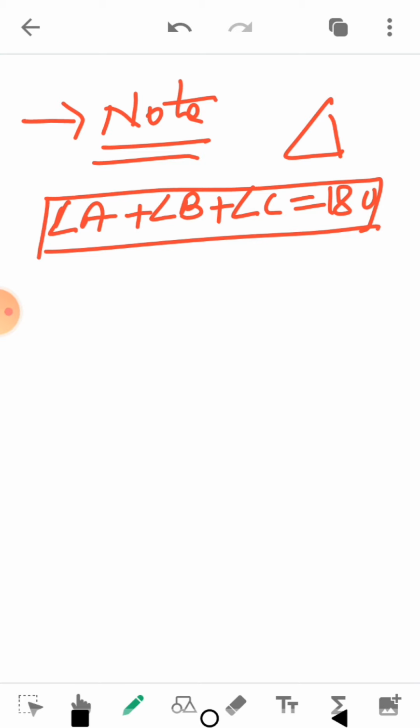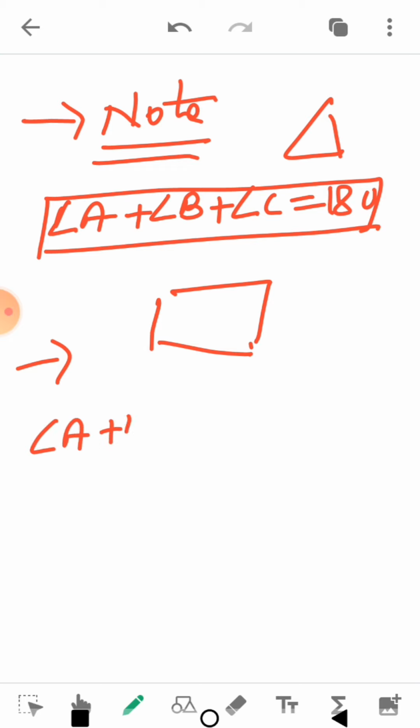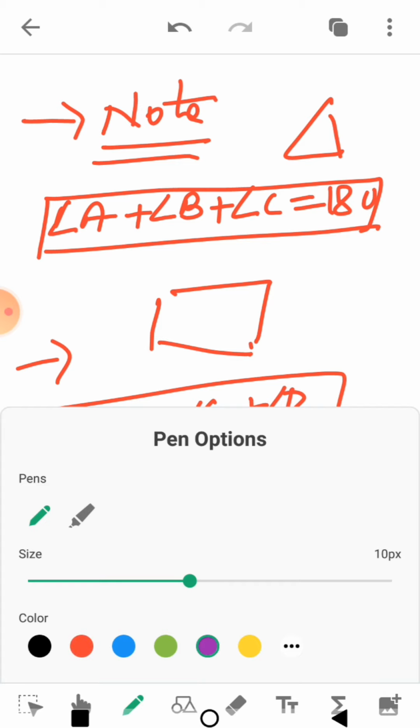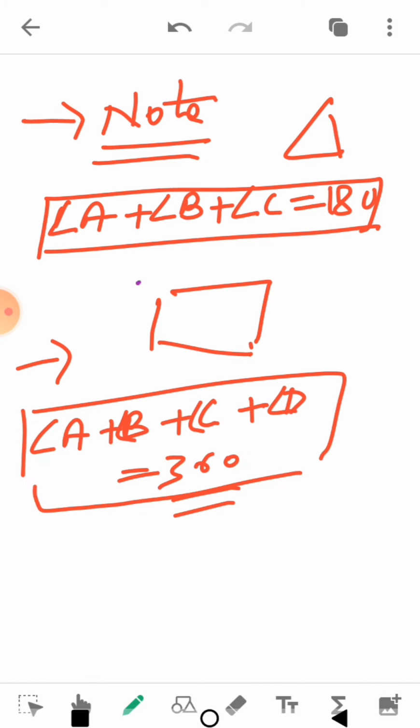And the second note is, in a quadrilateral, angle A plus angle B plus angle C plus angle D will be 360 degrees. It doesn't matter whether it is convex or concave, the sum of the angles will always be 360 degrees. Okay.